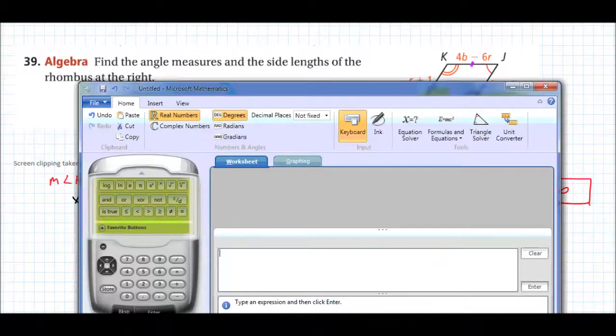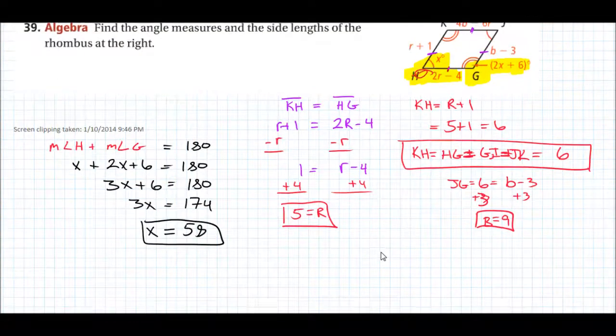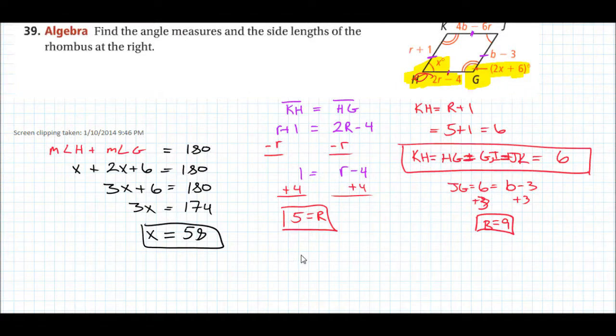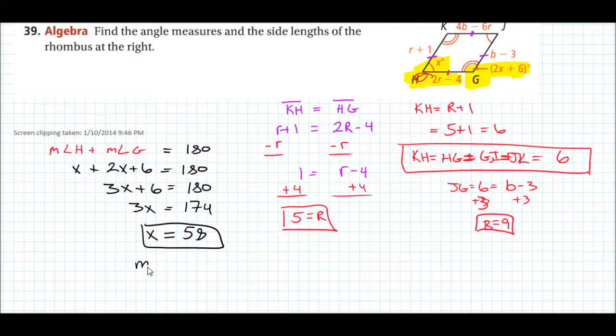Okay, well, luckily for us, that's one of the angles. So angle H is 58. Now we have to find the other angle, which is angle G. The measure of angle G is equal to 2x plus 6.